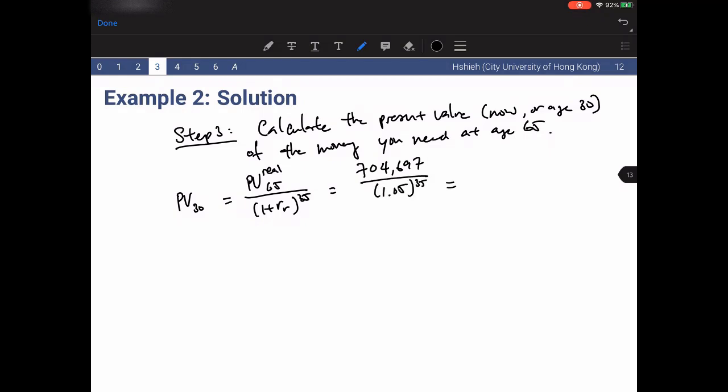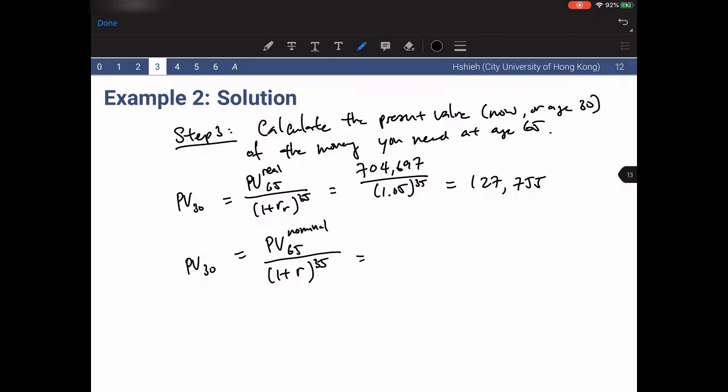Which is 127,755. Okay? Alternatively, we can also calculate this value by discounting the present value, in nominal terms, of our retirement package at age 65 by 1 plus R, or the nominal interest rate, compounded 35 times.